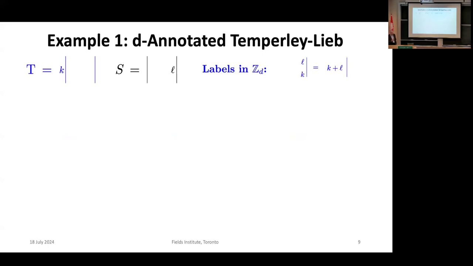So a simple example is an annotated Temperley-Lieb algebra. Here, Temperley-Lieb has normally n inputs and n outputs. I've drawn the simplest case of 2. And I could take the example of T being an annotated diagram where the label k is an element of the cyclic group Z_d.